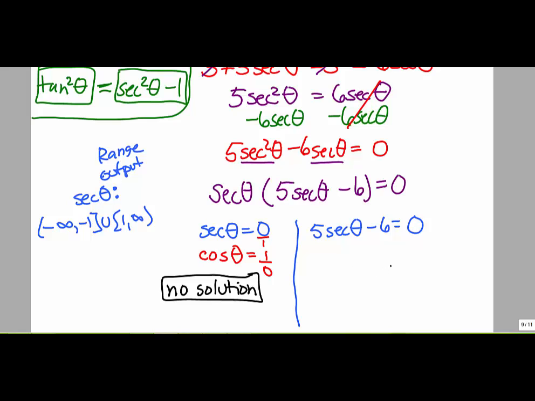But we might still be able to find a solution from this part. So let's solve for secant. Let's add 6 to both sides. We have 5 secant theta equals 6. Divide both sides by 5.